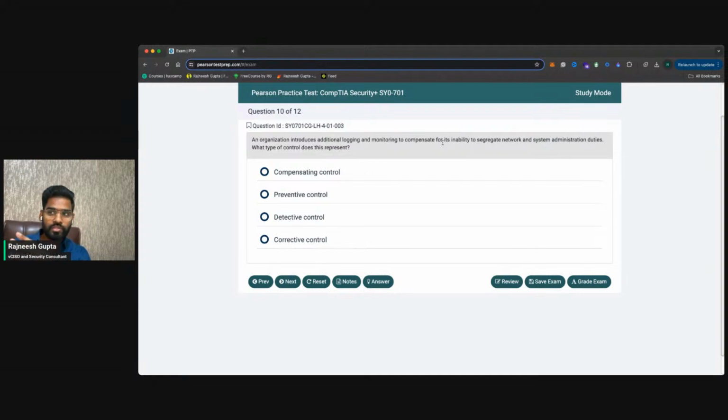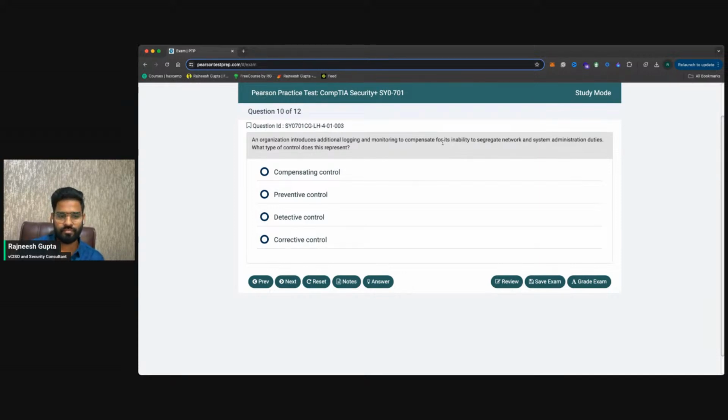They know that it would be difficult, it might cost a lot of money to implement the segregation of duty. So they end up spending money, probably comparatively less, on logging and monitoring, right?